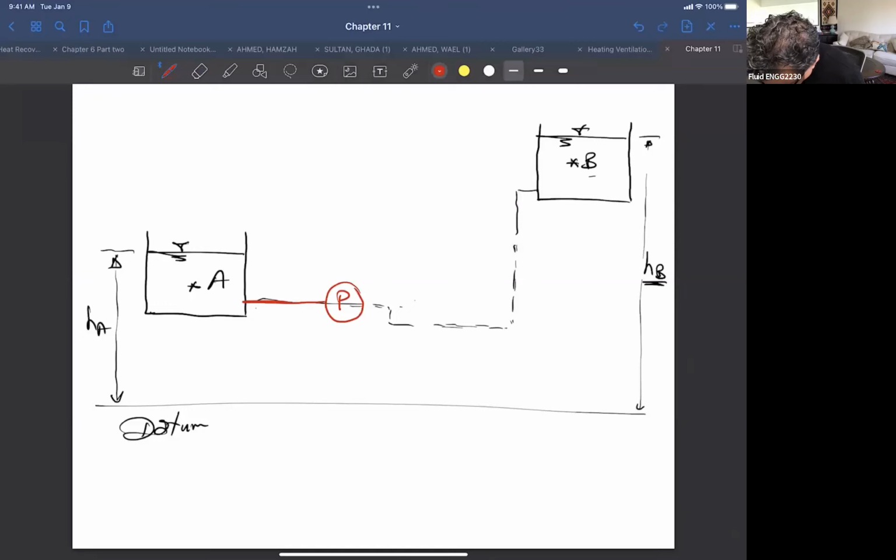And if I plot the hydraulic gradient line, if you remember, this is the line of the energy as you go. The energy is decreasing, right? So what will happen in the pump? This is the total energy line. Energy is decreasing because of the losses, but the pump will increase the energy, right? So if you look at this, I want to put it in a different color here.